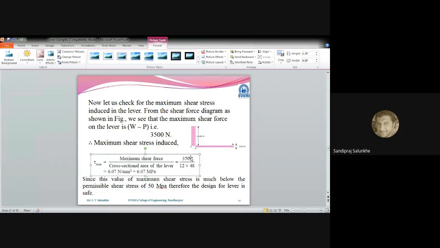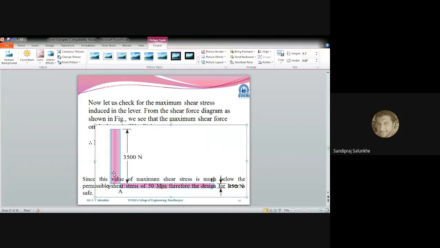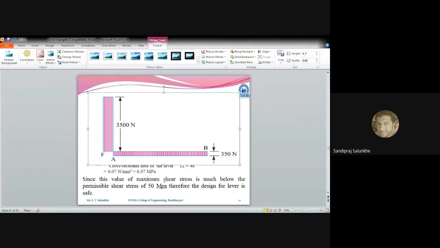The force which is shearing, we have drawn the shear force diagram. This shear force diagram is nothing but this 35, which is W acting in the upward direction, and 350, which was calculated as the applied force P. The fulcrum reaction is also 350 Newton.